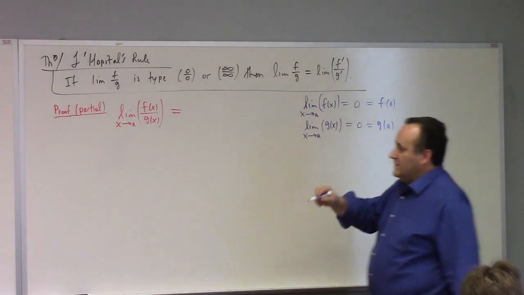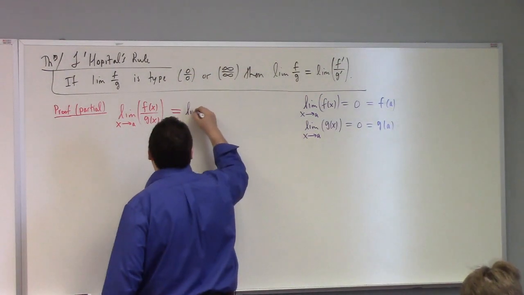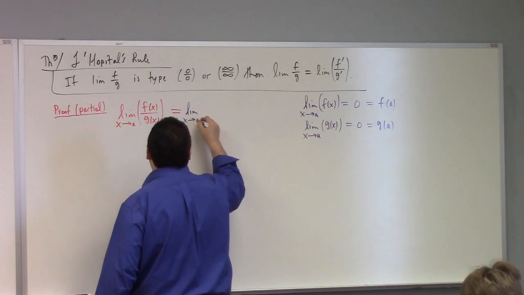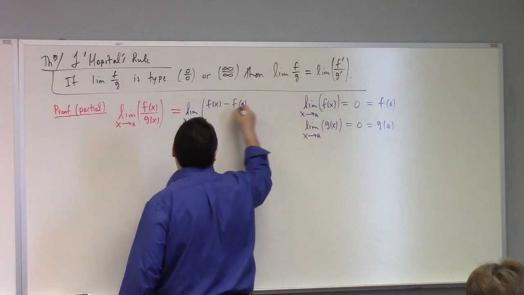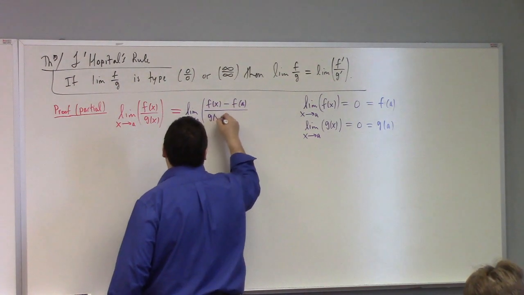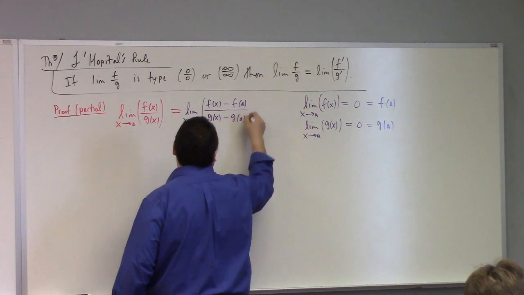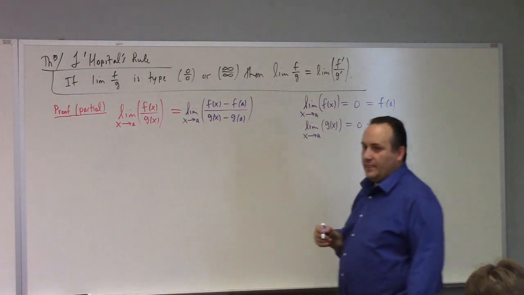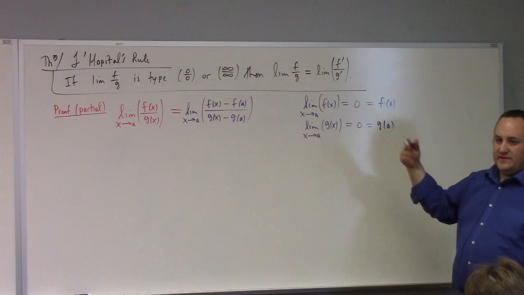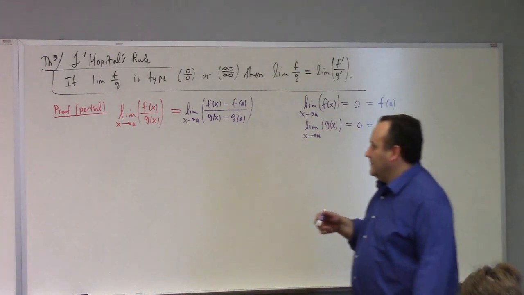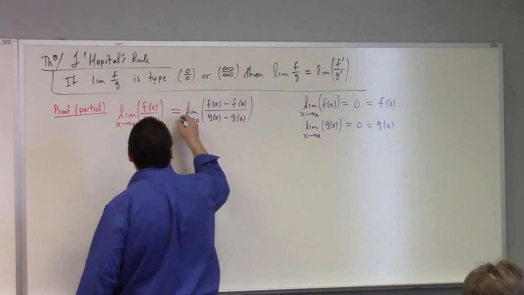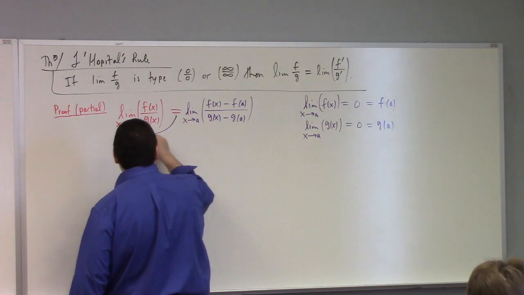So I can take this and rewrite it, no cost to the student, as f of x minus f of a over g of x minus g of a, right? Because those are 0. How can I turn those into derivatives? What do I do? Quotient rule, not quite.